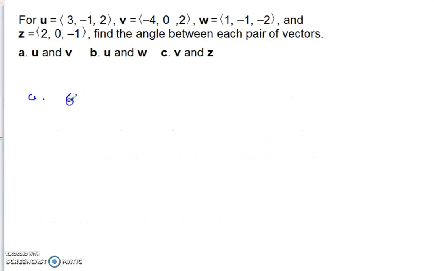So cosine of theta is equal to u dot v divided by the magnitude of u times the magnitude of v.